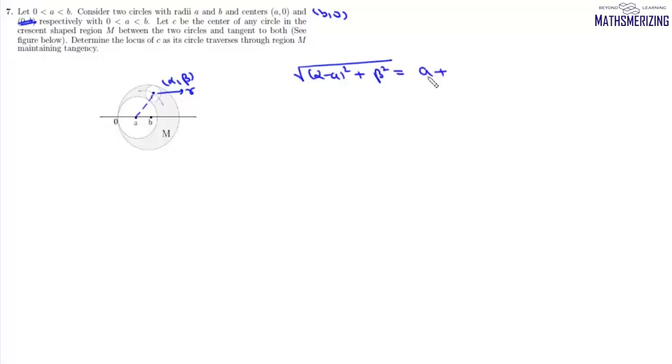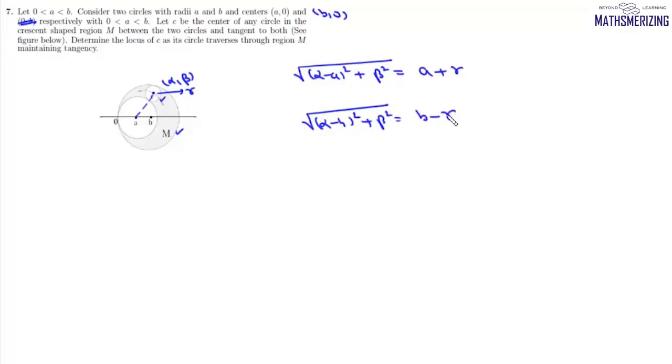Now r1 is a and r2 is simply r. Now this bigger circle and this circle with center C touch each other internally. Then we can write under root of (alpha minus b) square plus beta square equals b minus r.